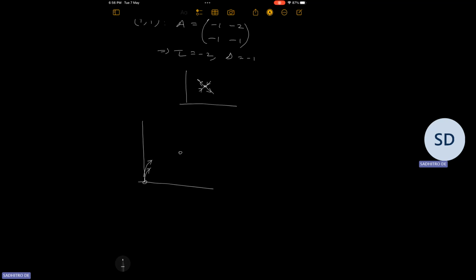Here you have this one to be the stable manifold. And this is the unstable manifold. There is a fixed point which is at (0, 2), which is the stable fixed point.